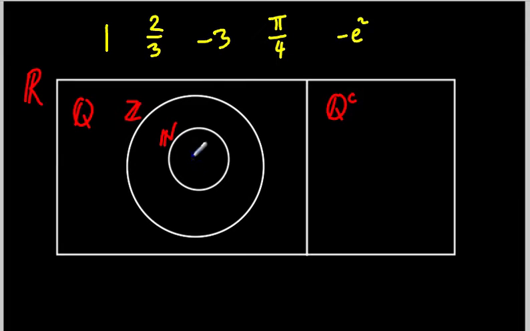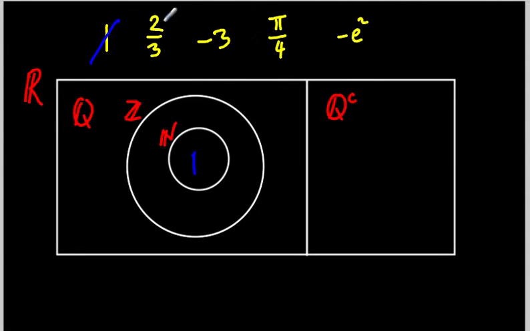So I'm going to put the number 1 right here, and cross that off over there. The reason why I can't put it here is because this space represents all the integers that are not natural numbers. In other words, -2, -3, 0, as we said before.